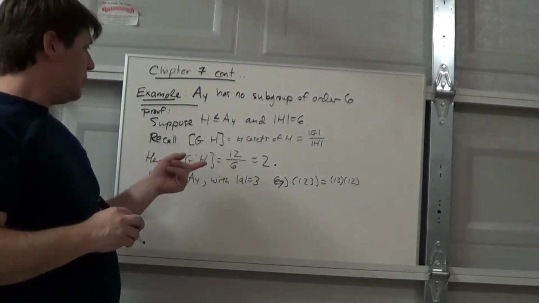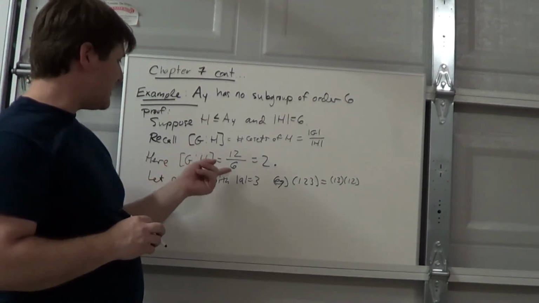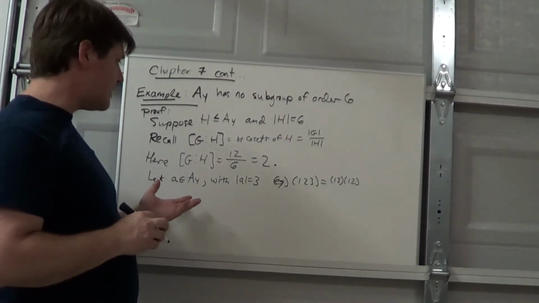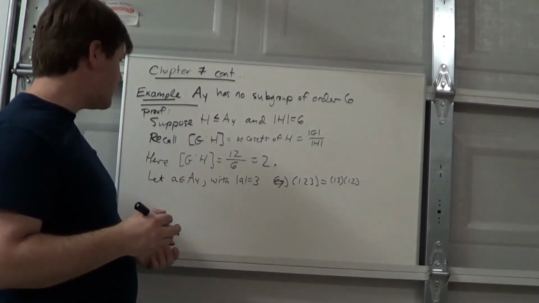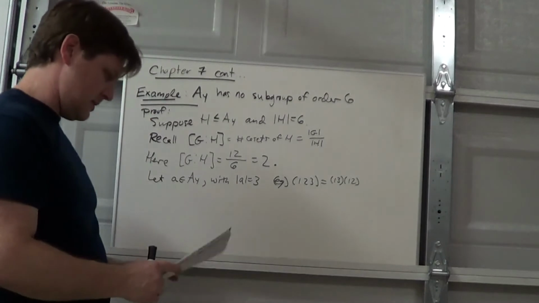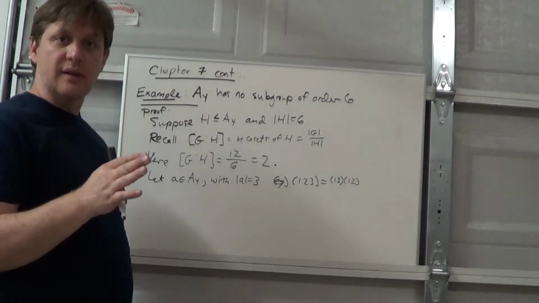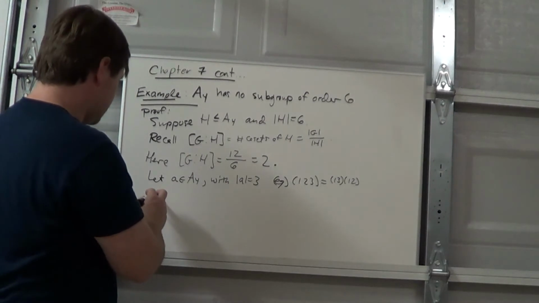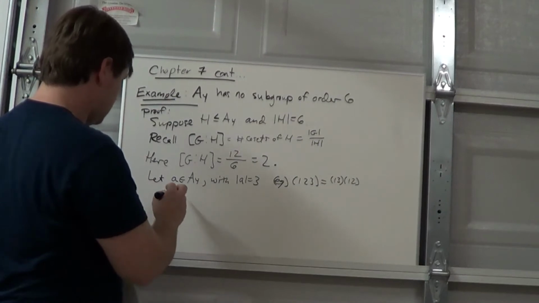Now, since the order of H is only 6, there has to be some element that is of order 3 that's not in there, because, well, we'll see. If it's in there, then there's a contradiction. Okay, so let's see. So let's do AH, right?